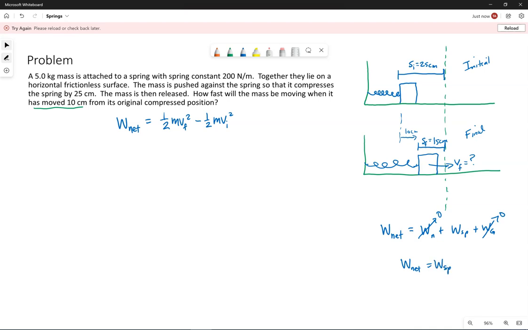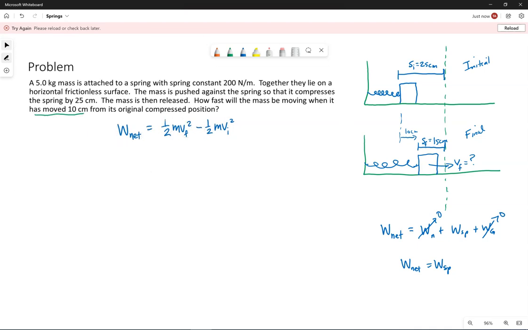which we've already calculated: the work done by a spring is negative 1/2 K S final squared plus 1/2 K S initial squared. Again, I don't like to write the deltas. We already have enough variables in here.